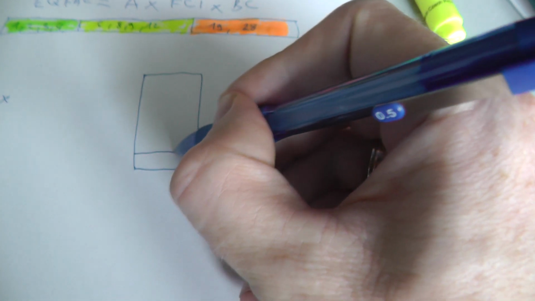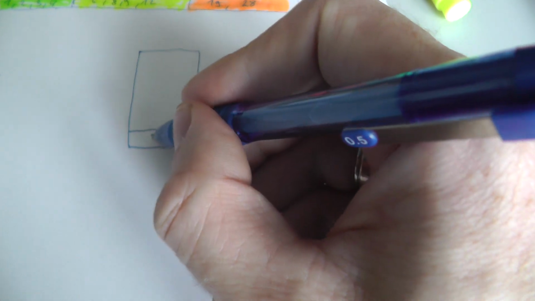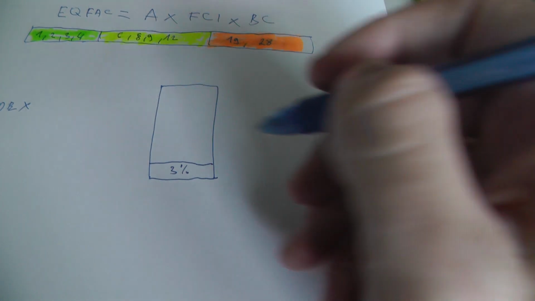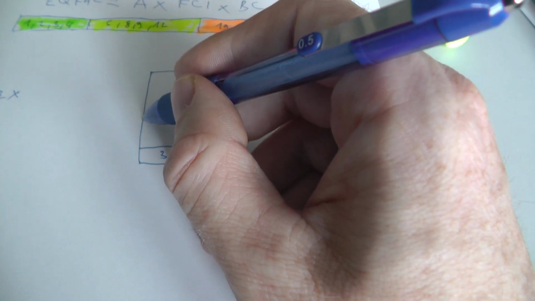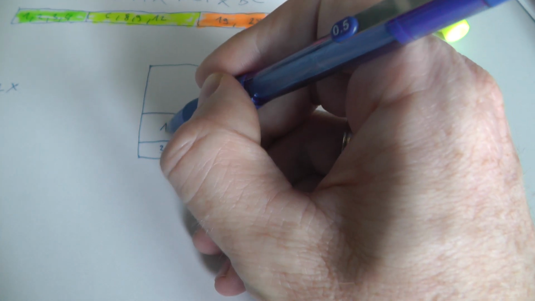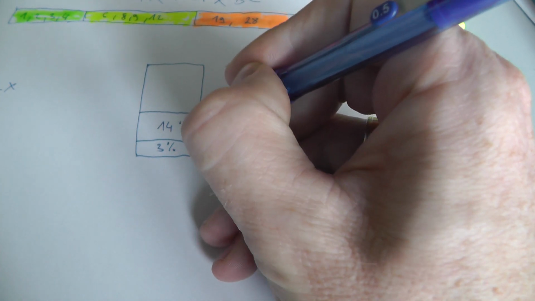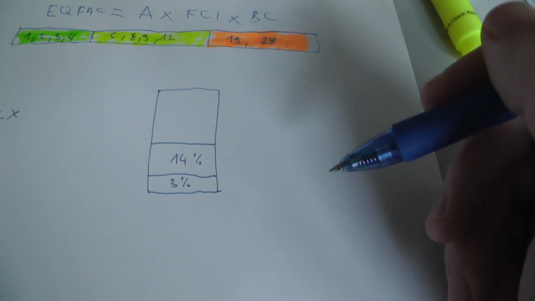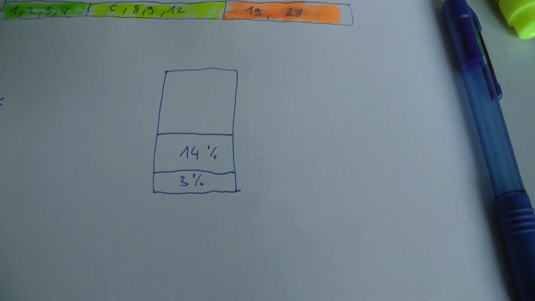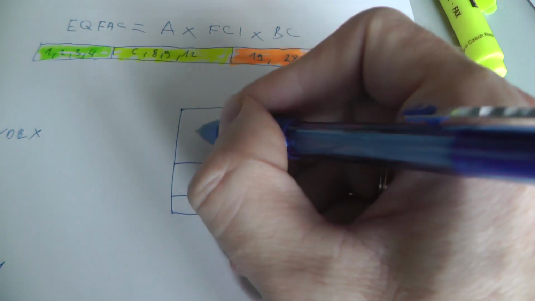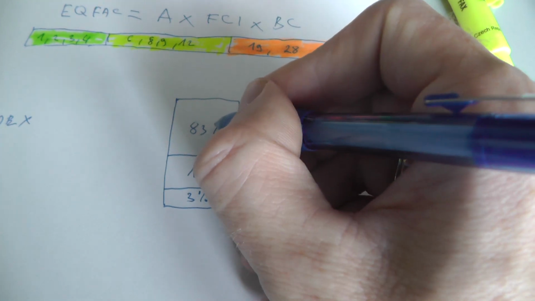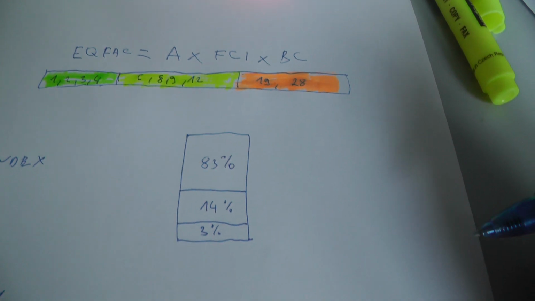So for example, we will have 3% of critical equipment, maybe 14% of medium critical, and the rest, 83%, non-critical equipment.